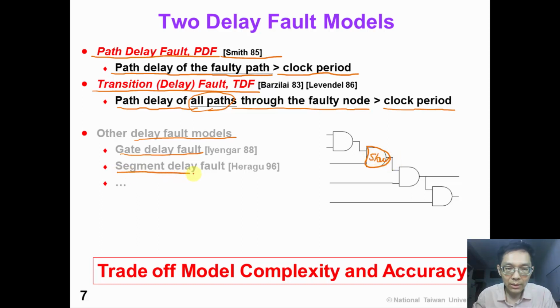Or a segment delay fault model assumes that a segment is particularly slower. These different delay fault models trade off the model complexity and the accuracy. A more accurate fault model is typically more complicated to handle.